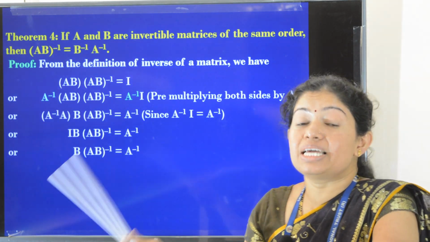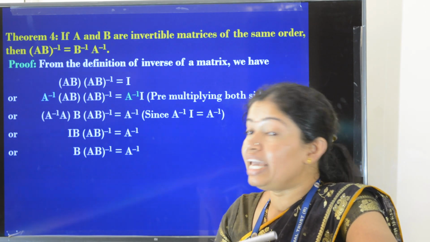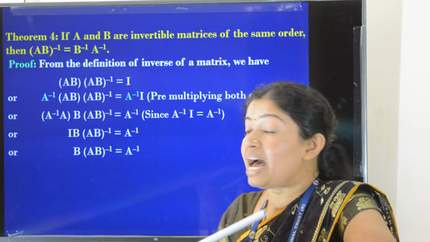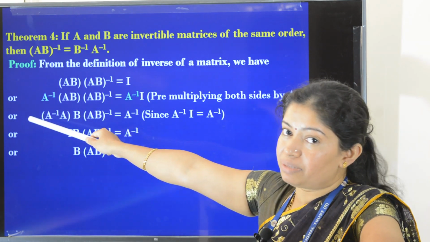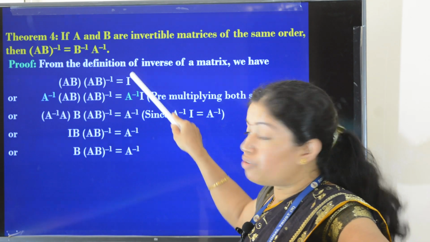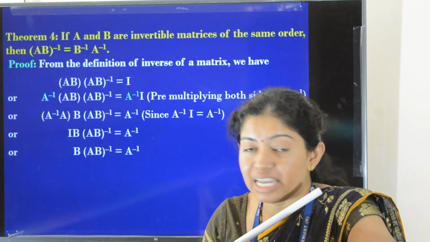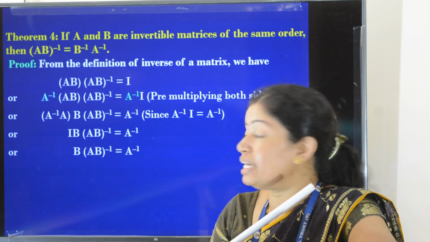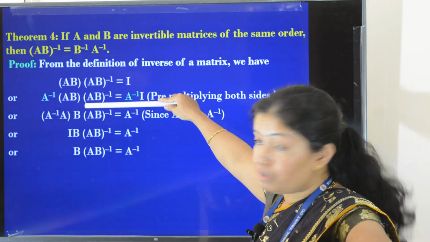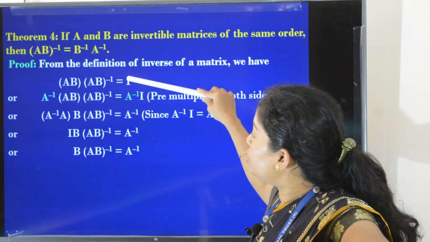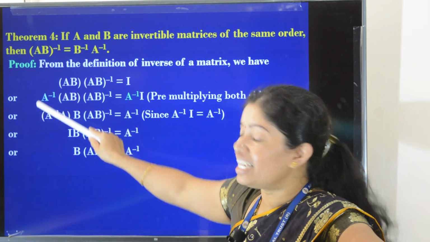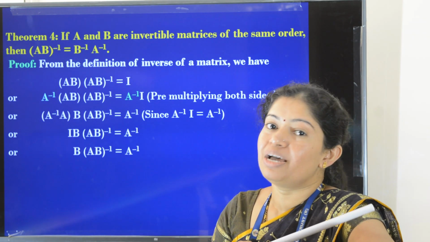Next, let us pre-multiply by A inverse. Pre-multiplying means you need to multiply to the left of the given matrix. Here you can see we have multiplied to the left, and here also for this I, we multiply to the left. So we will get A inverse into AB into AB whole inverse is equal to A inverse into I. Now use the associative property of matrices here.